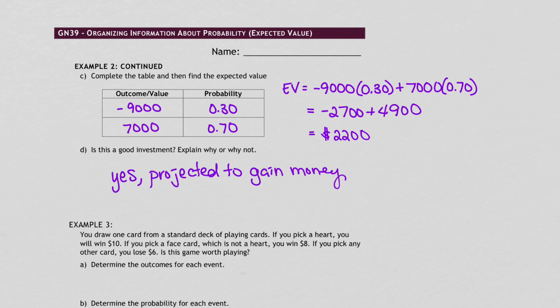Now, this isn't saying that they are going to come out with $2,200 at the end. Understand that. It's not saying that they can expect to gain $2,200. It's just telling them an idea of whether or not this is a good idea. Whether or not it's a good idea to have the gain with a 30% chance of rain.